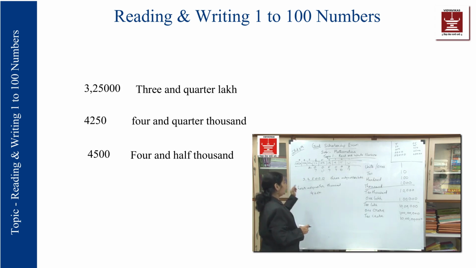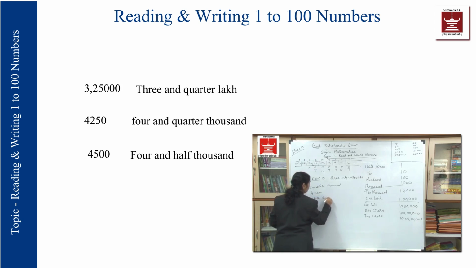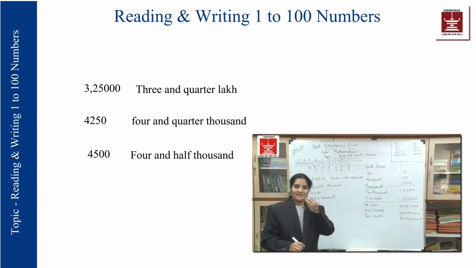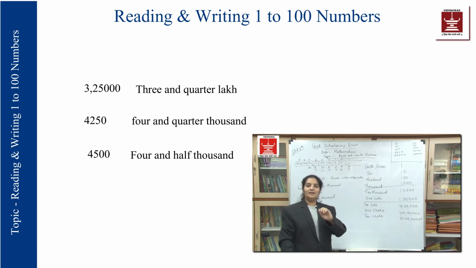If I say 4 and half thousand, so 4 and half would be how much? Four and half thousand. So half of a thousand is 500, so it is 4,500. It's doing it in a different way, a different dimension.